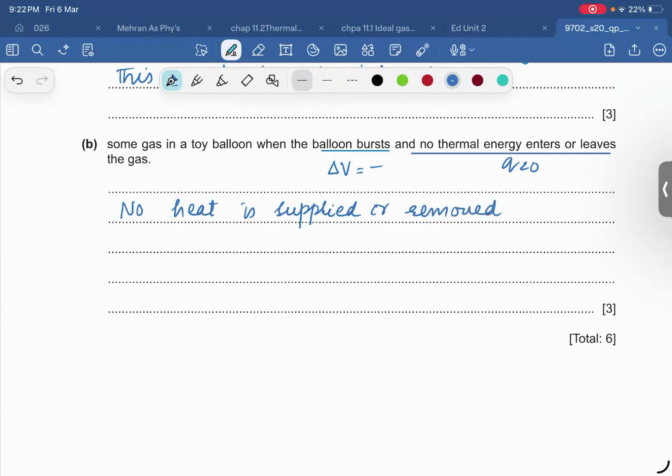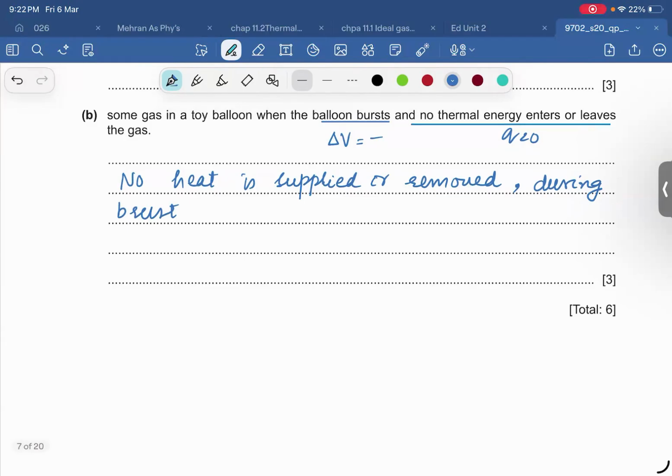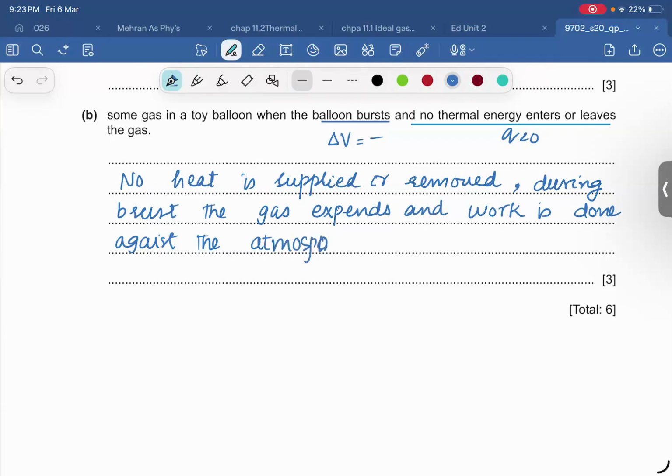Okay, and during burst, I can say that the gas expands, and work is done against the atmosphere or surrounding atmosphere.